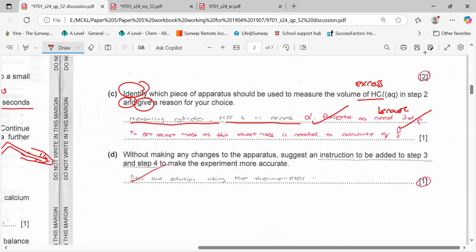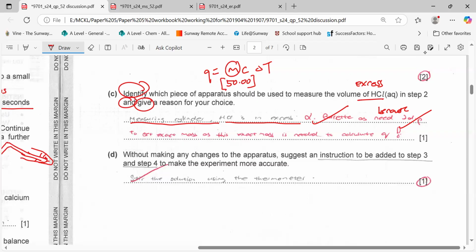It is because when you do the calculation, Q equals mc delta T, where m is the volume of the HCl in this case, then the number here would need to be as accurate as 2 decimal places. Even if the volume is in excess, the accuracy of that volume is also very high, to 2 dp.